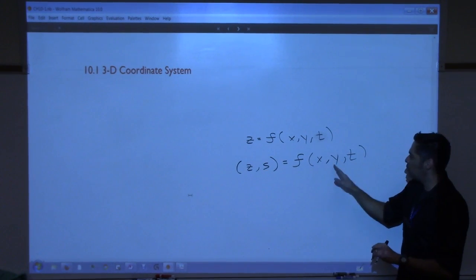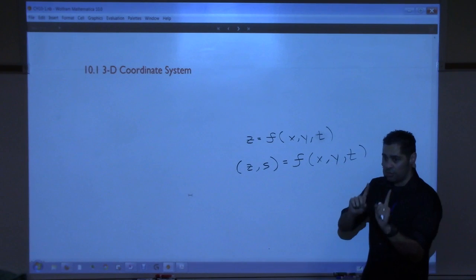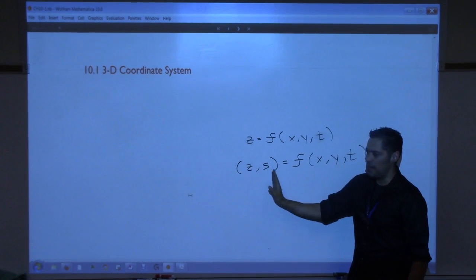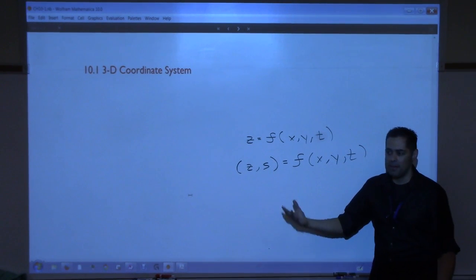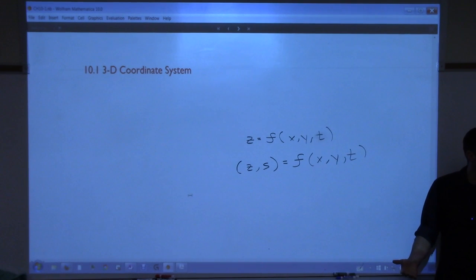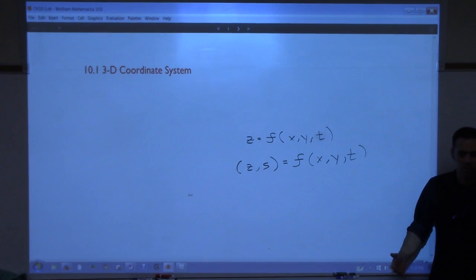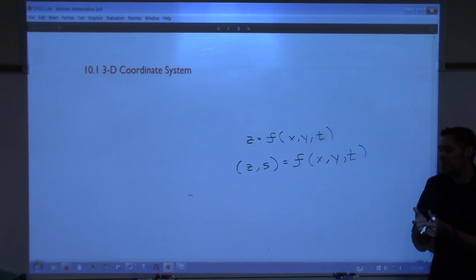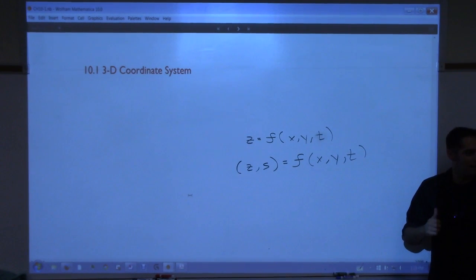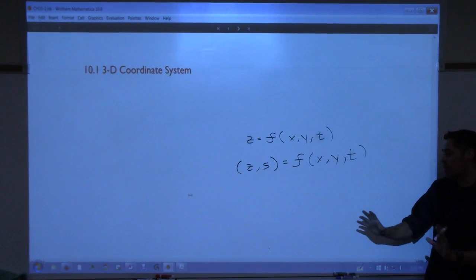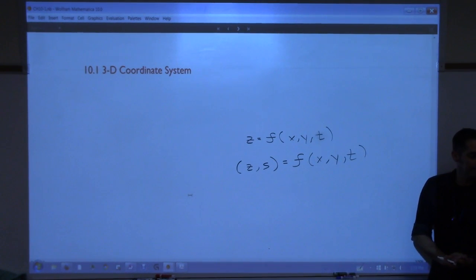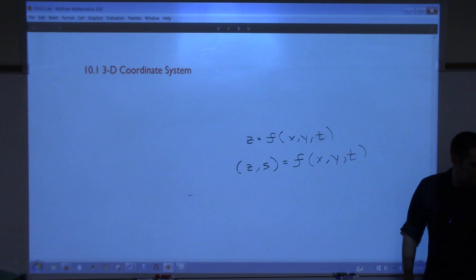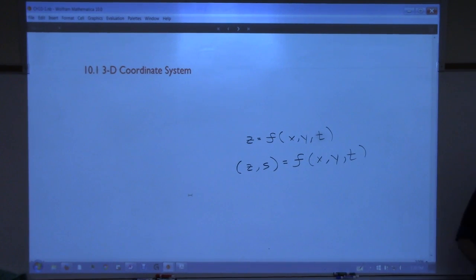So you plug in x, y, t, and somehow this function gives you 2 things back, a z and an s. So now you need how many dimensions to see it? 3 in, 2 out, 5. Again, what do, right? So even though 3D is going to be nice, multivariable calculus really means there's no restriction on how many variables you can have. Now, we won't mess around with 5-dimensional space, or we won't try and visualize it, I should say.